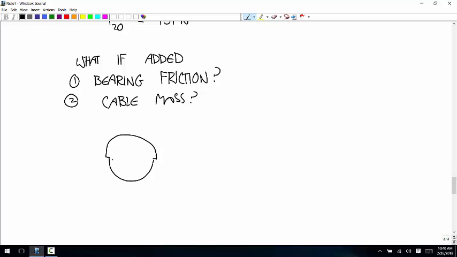It wouldn't affect the particle free-body diagrams. It wouldn't affect those calculations. You'd still have a T1 and a T2. But this wouldn't be T20 anymore. This would be T20 plus, let's say, the mass of the cable that's hanging there.